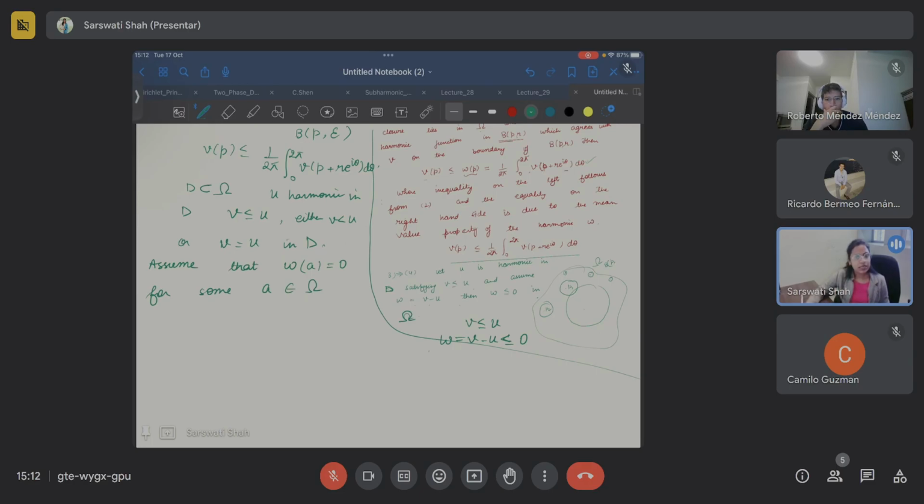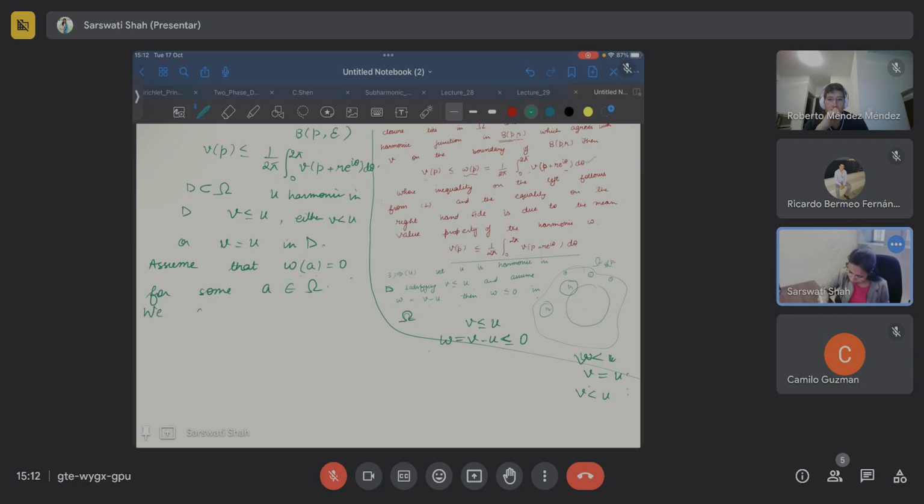But we are assuming that there is some point, say A, we are just assuming the contradiction. We are not saying that it is going to be strictly less than U. We are assuming that there is some point at which V is equal to U, that is W of A equals 0, and some points at which V is strictly less than U, like it is a combination of the points, for some A belonging to omega.